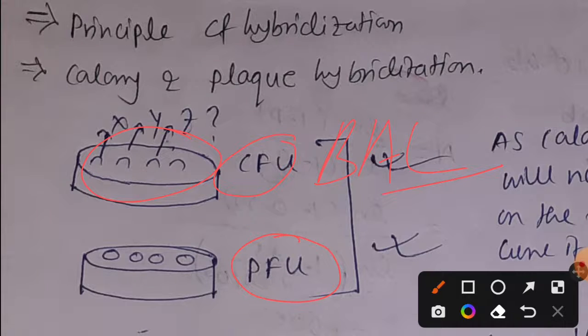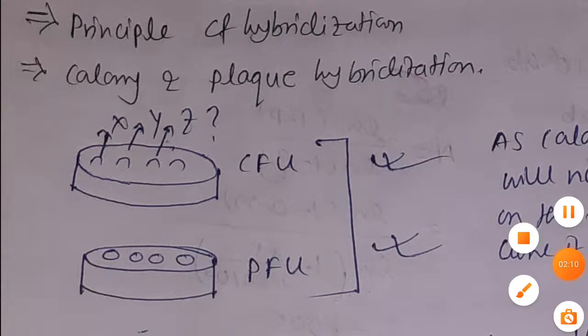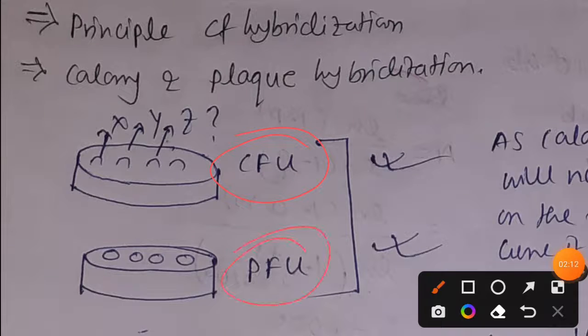So depending on the type of vector we have used, we can get two different results. With a normal plasmid, BAC or YAC vector we get colonies, but with a phage vector we get plaques, because the phage, that is the bacteriophage, causes lysis of the cell.